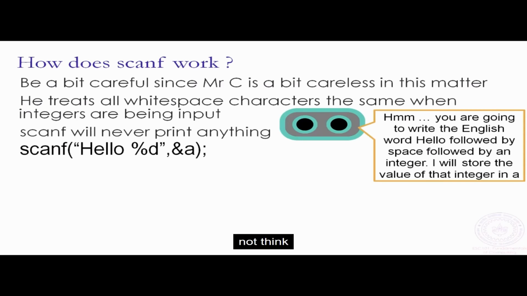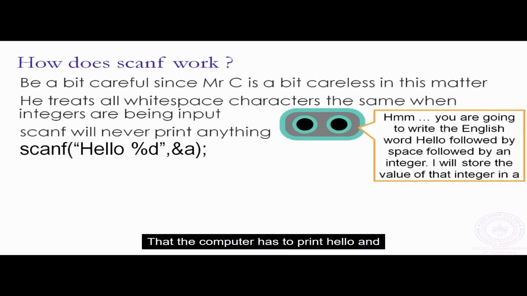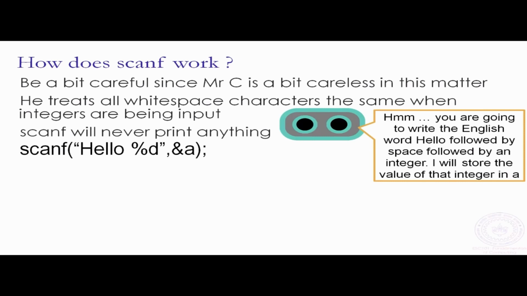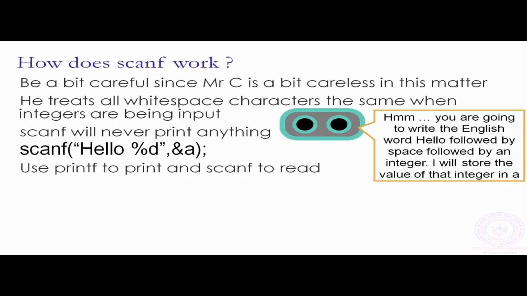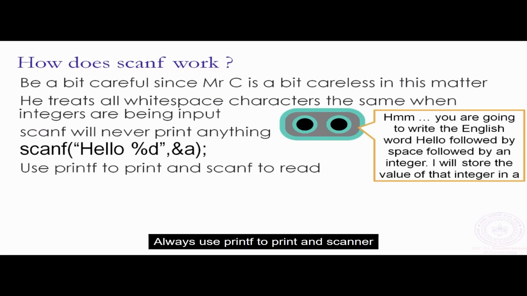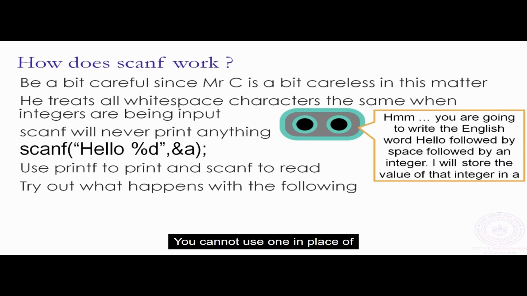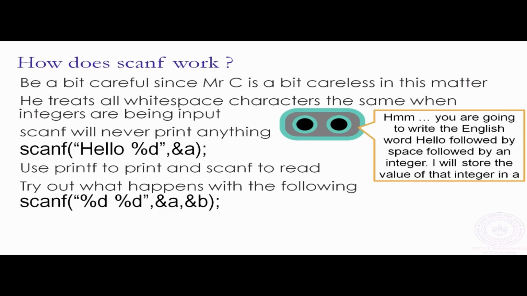Mr. C will not think that the computer has to print hello and then take an input. Mr. C will think that the user will write hello space and then a number. So just be very clear about your mental model of what Mr. C is doing when he sees scanf. Always use printf to print and scanf to read. They are for two separate purposes. You cannot use one in place of the other.